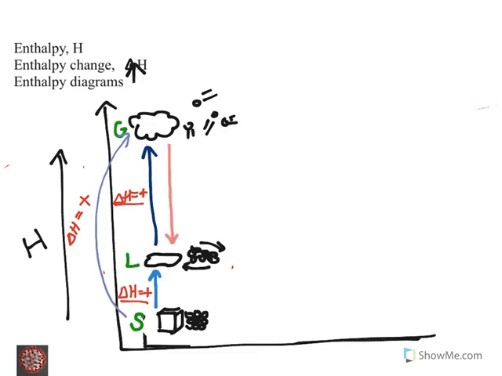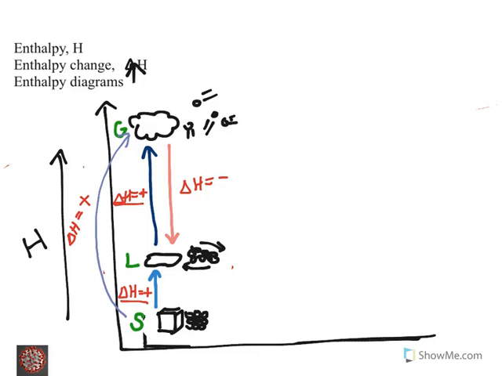And it just so happens that the reverse processes, going from gas to liquid, condensing, is going to be an exothermic process. These particles, as they start to slow down, are going to give up energy. So your delta H for that is going to be negative.